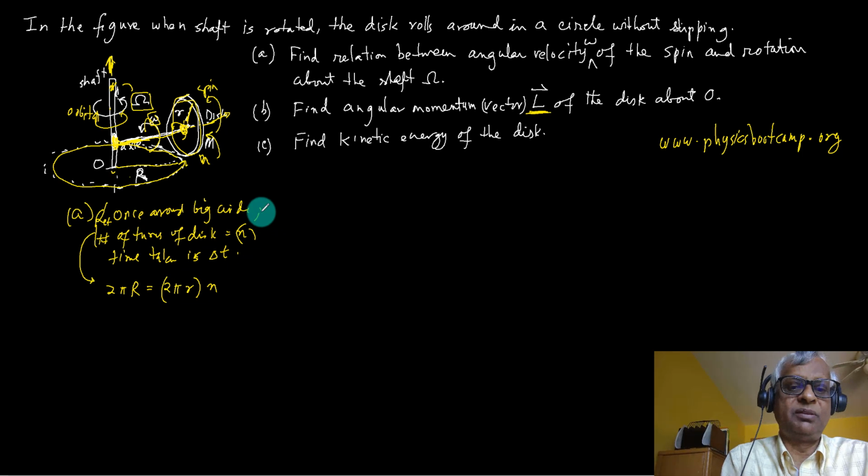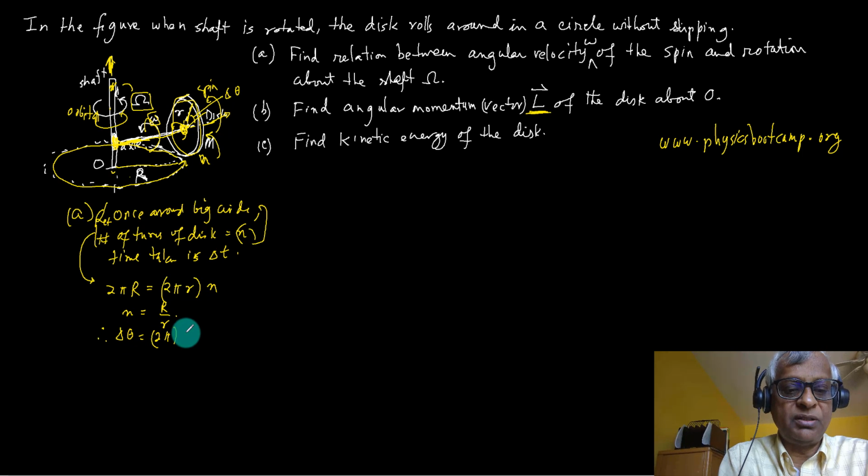That's basically it, right? So n is simply R over r. Therefore, let's call this angle delta theta. Delta theta will be 2 pi for each turn, times n.